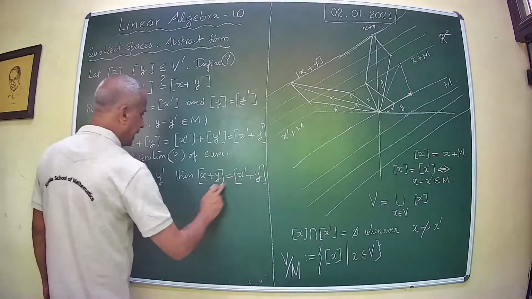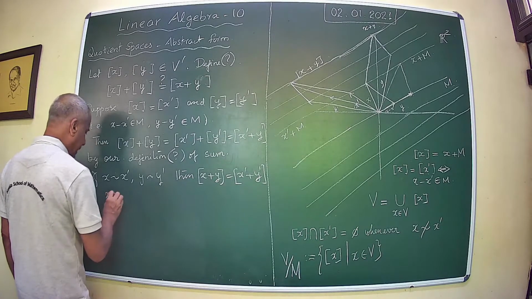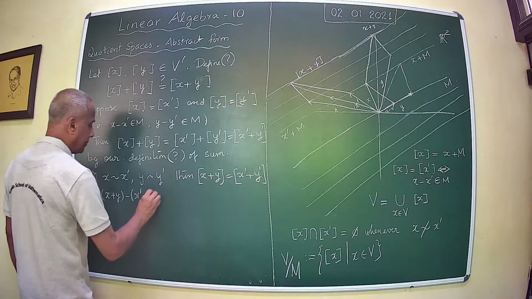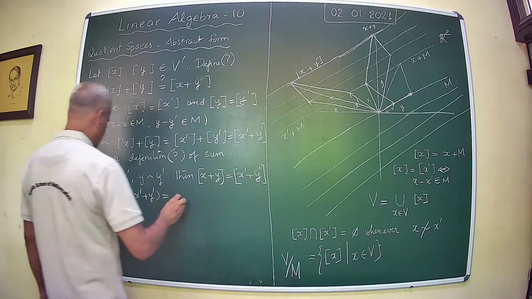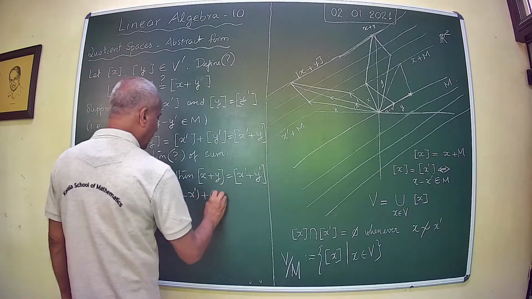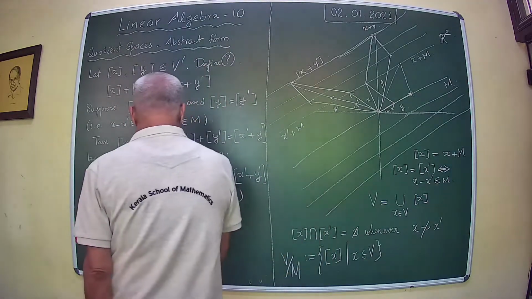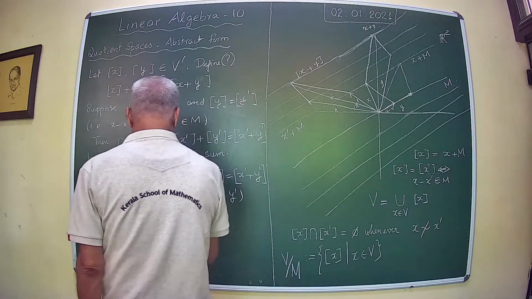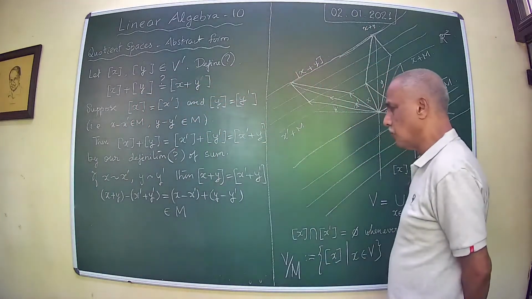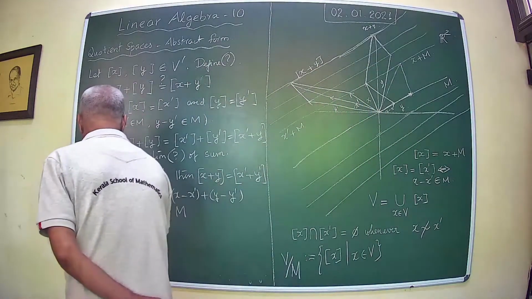They are the same provided x plus y minus x prime plus y prime. This is equal to x minus x prime plus y minus y prime. And this belongs to M. Because x minus x prime belongs to M by our assumption, y minus y prime belongs to M. Therefore, this implies the same.